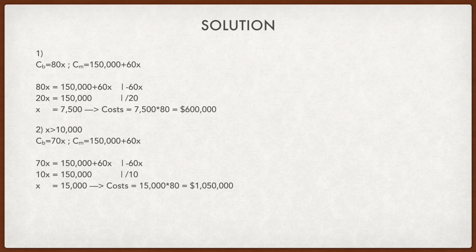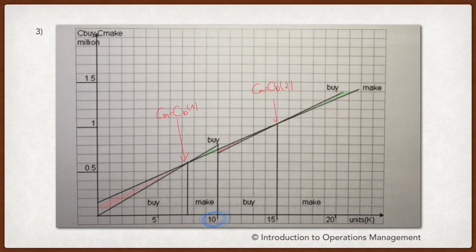And as you can see in the diagram, I drew two graphs. And at 10,000 units, you see there is a line going up because this is the part where the $10 discount is granted. And below you see that there is cost of making equals cost of buying, break-even point 1.